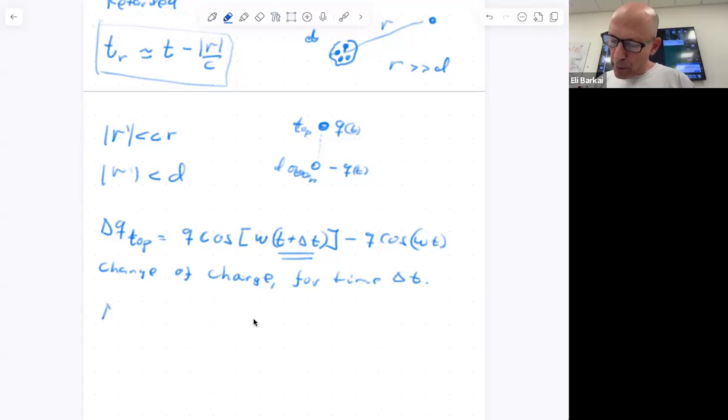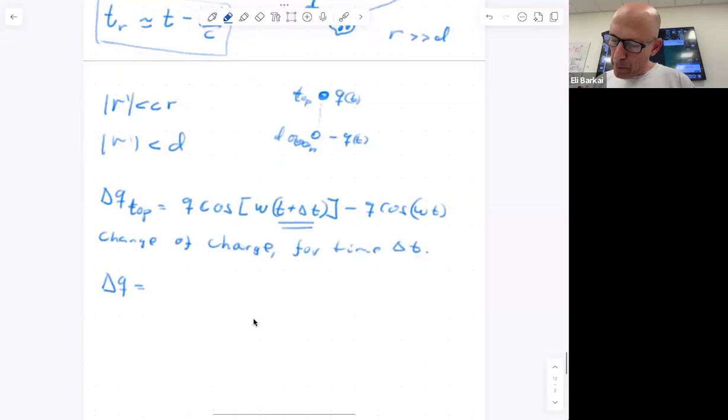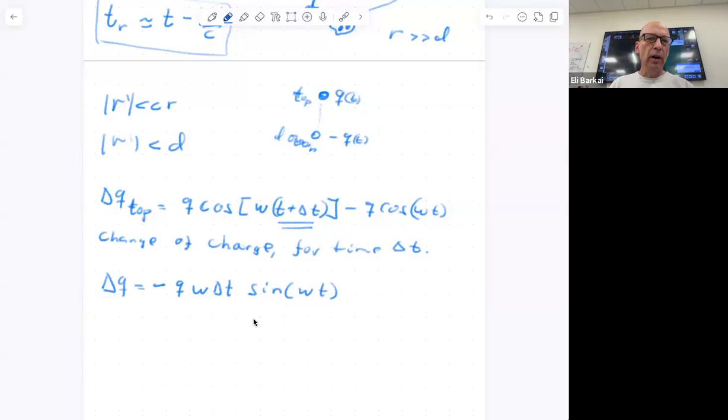And you all see by Taylor expanding that this is equal to minus Q omega delta t sine omega t. Why do I say this? Because I'm just doing the Taylor expansion of the cosine. The Taylor expansion of the cosine is the sine with a minus term. And this is on top.